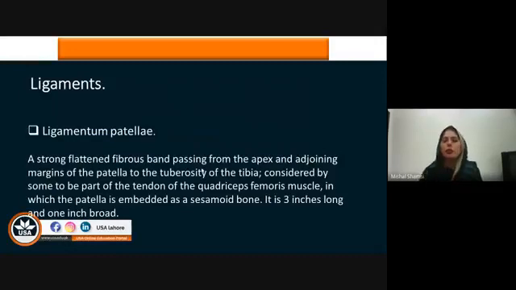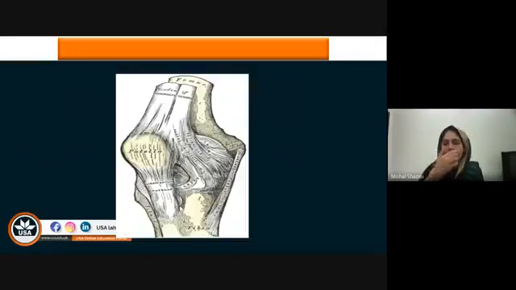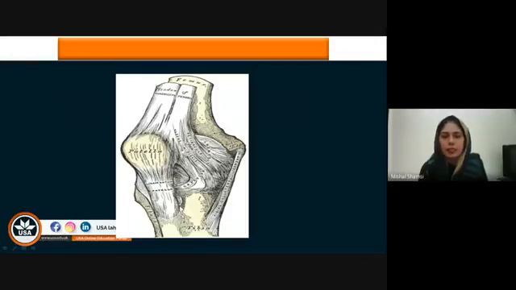If you look at this picture, you can see my cursor here: this is the patella, and this is the tibia on the medial side, and the ligamentum patellae is the ligament present between the patella and the tibia. So this is the pictorial illustration of the ligamentum patellae.